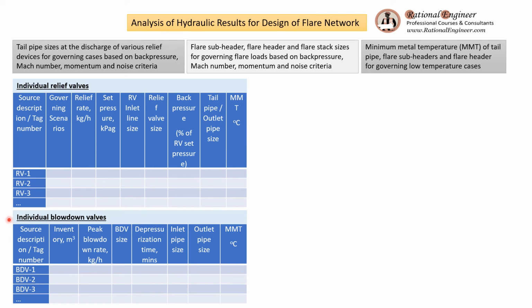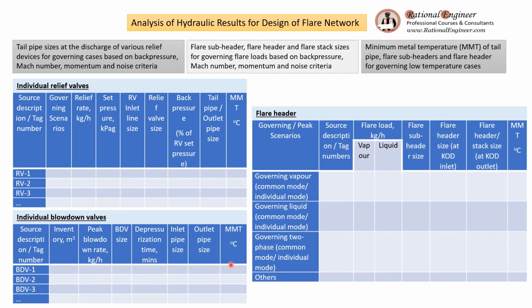Similarly, this table lists the conclusion for individual blowdown valves. The list of blowdown valves are given here. Inventory volume which need to be depressurized, peak blowdown rates are given. Required blowdown valve or restriction orifice size is then given. Time to depressurize as mentioned. Inlet pipe size, outlet pipe size and minimum metal temperature are given.